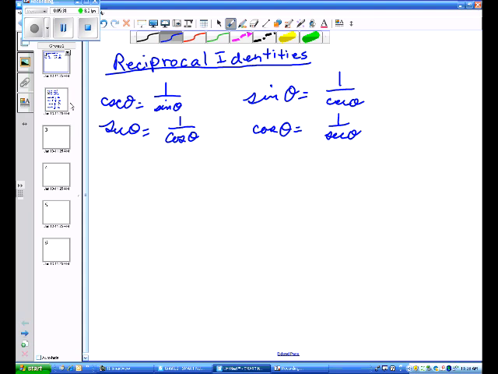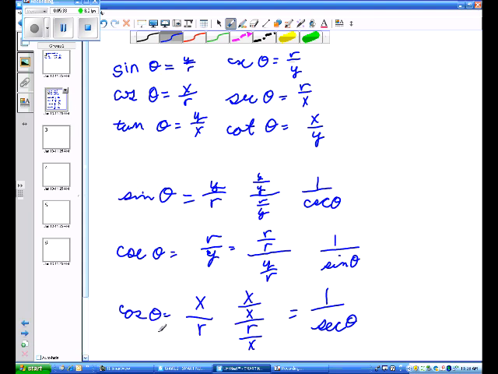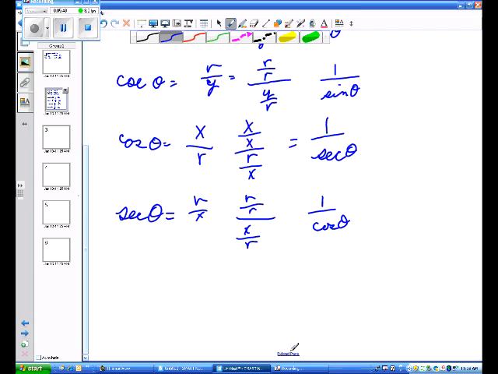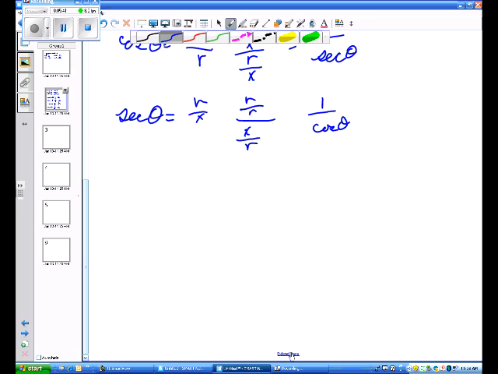And then if we want to look at the tangent and cotangent, the cotangent is defined to be x over y.